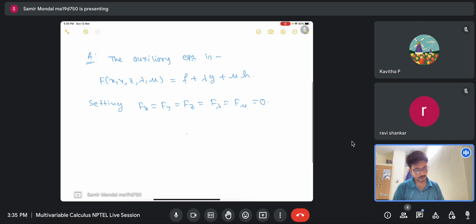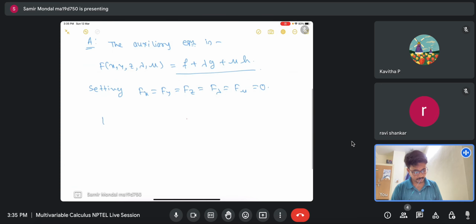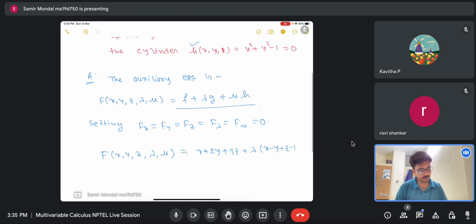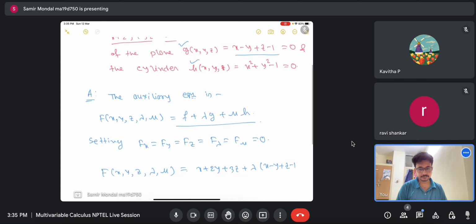Before that, we have to calculate what this is. So now F(x, y, z, λ, μ) equals your f, which is x + 2y + 3z, plus lambda into what is your g? g is x - y + z - 1, equal to 0.